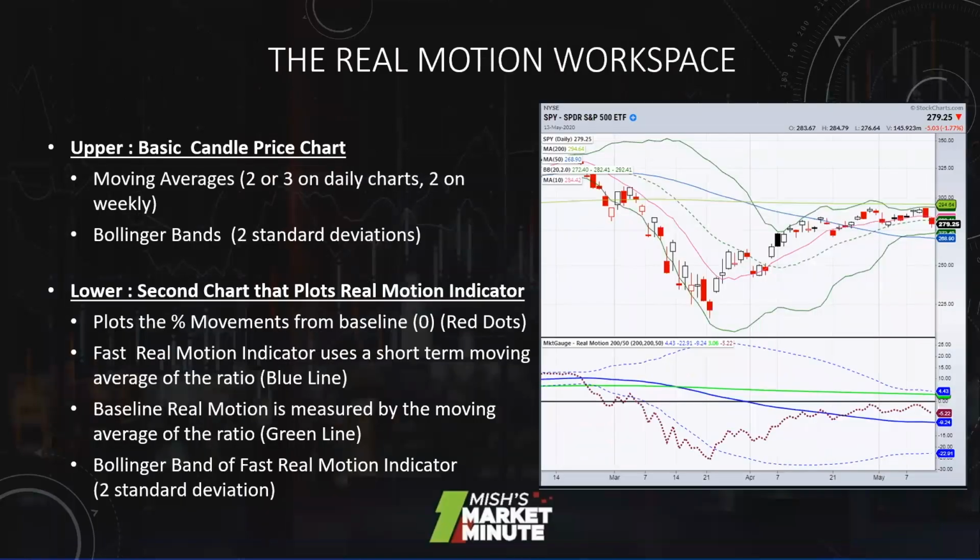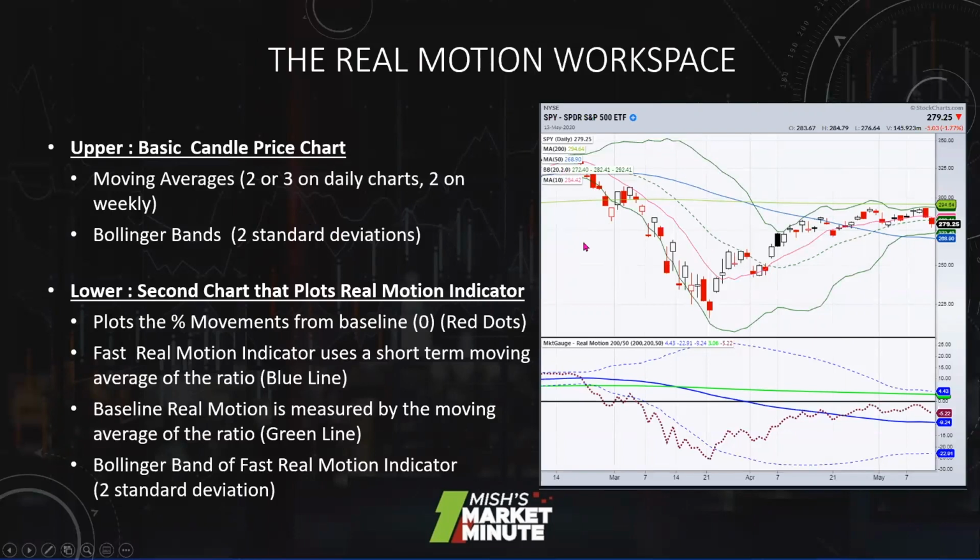Now, taking a look at the upper chart, it's a very, very simple candle price chart. We put 2 or 3 moving averages on it. For the daily charts, we like to start with a 50 and a 200-day moving average. Our 50-day is always the blue, and the green is always the longer term 200-day moving average.